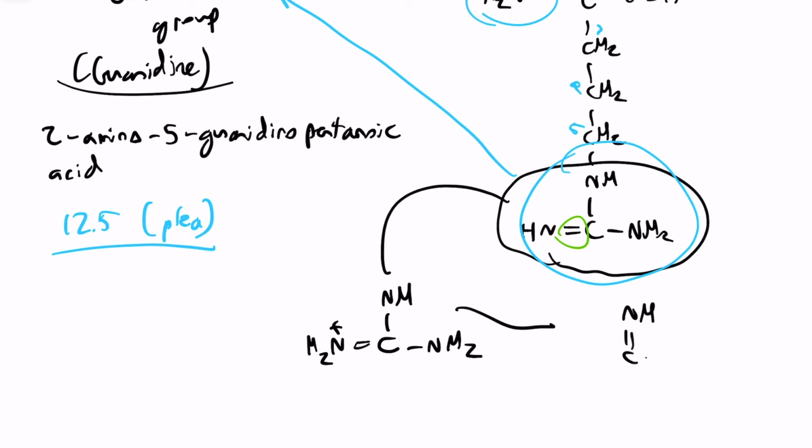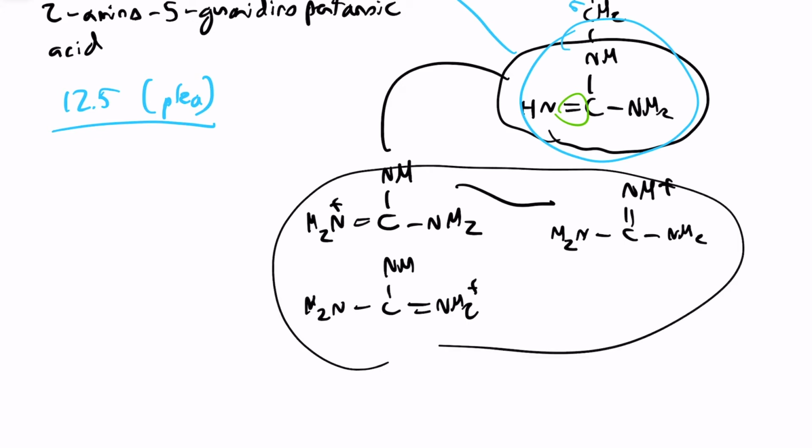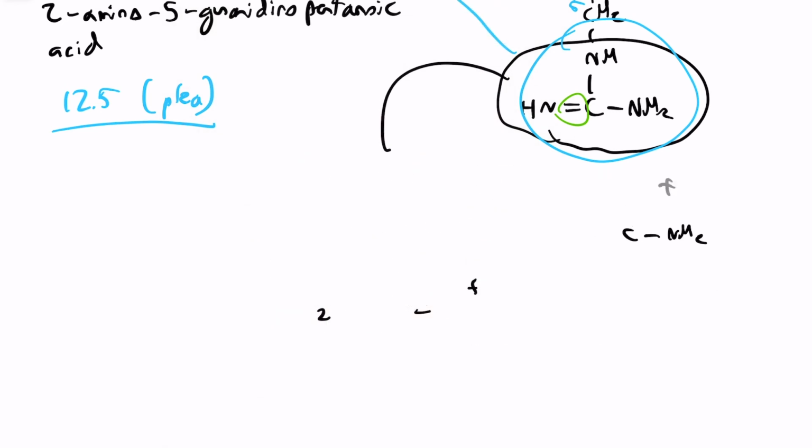We can leave that double bond so that will neutralize this amine, but then it will actually give a positive charge to that one, and we can also do the same thing for the last one as well. We can give that a double bond and a positive charge, which is pretty cool. Just a kind of a side note there. Let's get rid of this. Okay.